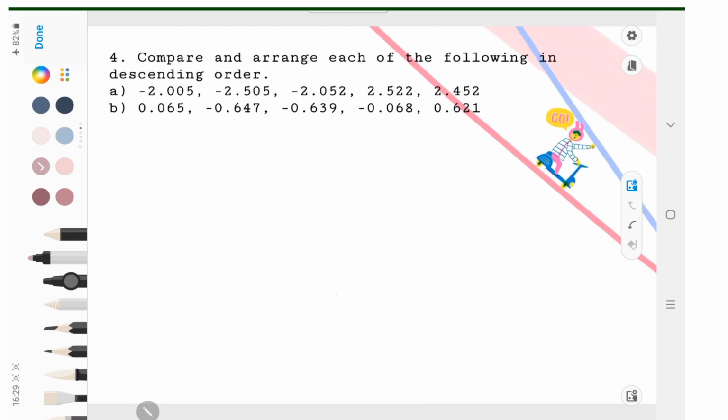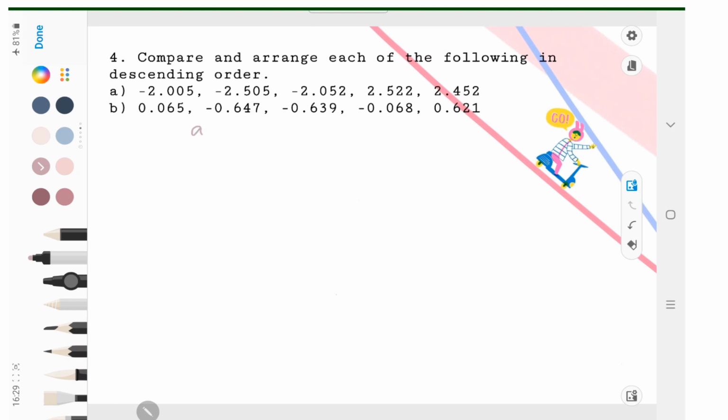4. Compare and arrange each of the following in descending order. A. Negative 2.005, negative 2.505, negative 2.052, 2.522 and 2.452. We compare the positive numbers first because we have to do it in descending order.